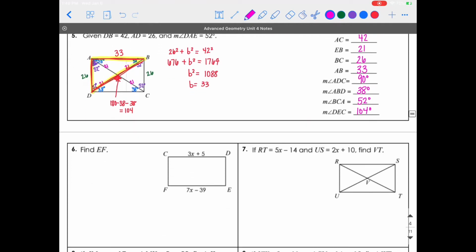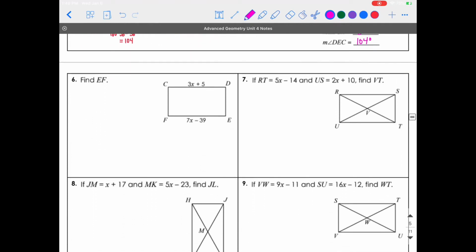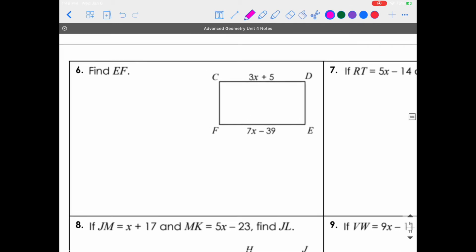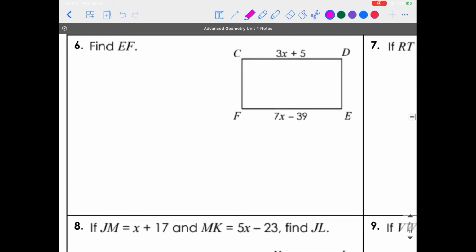I'm going to keep on going, and we're going to look at some problems that include algebra. So this one is given two opposite sides, which we know are congruent. So I can set 3x plus 5 equal to 7x minus 39.